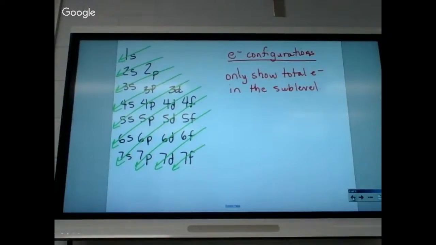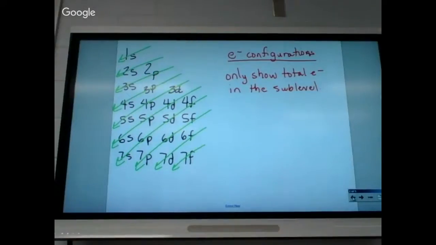All right, so you have 1s2, 2s2, 2p6, 3s2, 3p6, 4s2, 3d10, 4p6, 5s2, 4d10, 5p6, 6s2, 4f14, 5d10, 6p4.